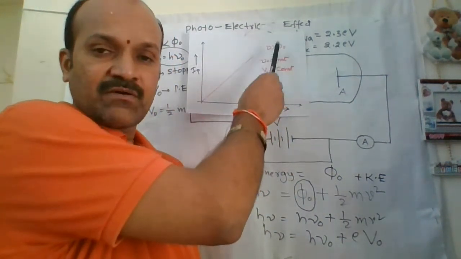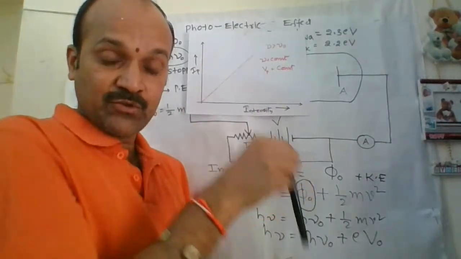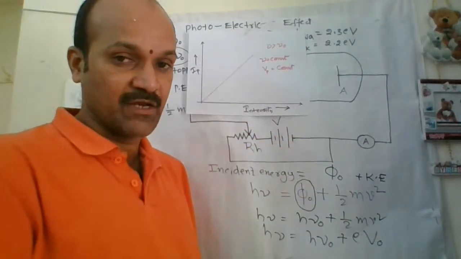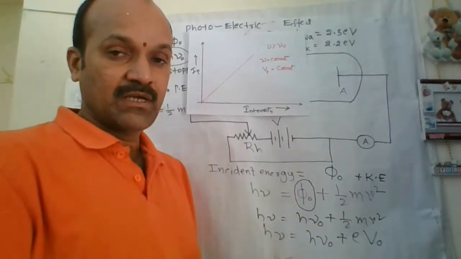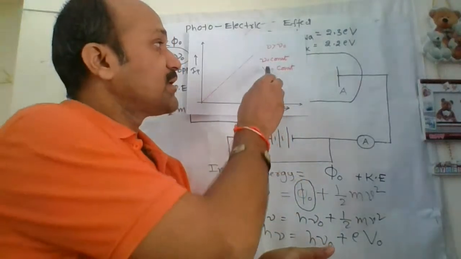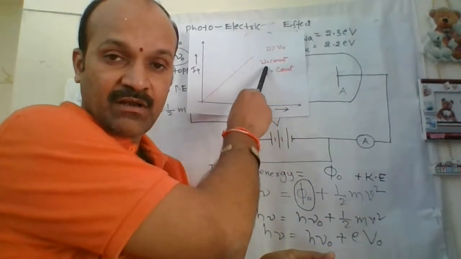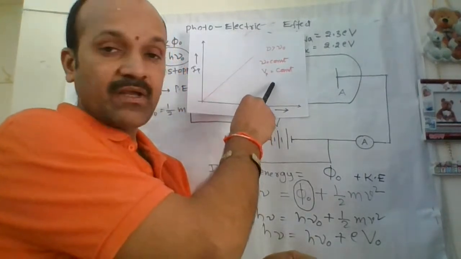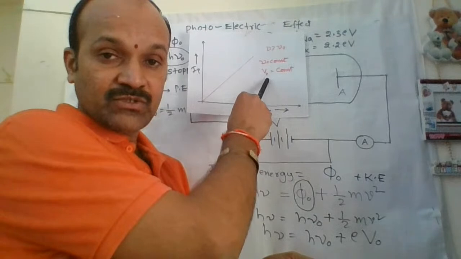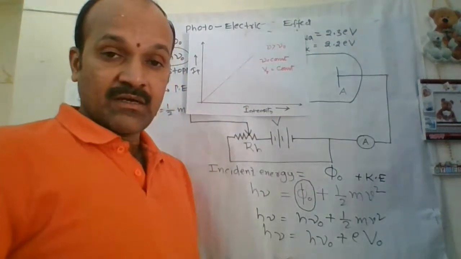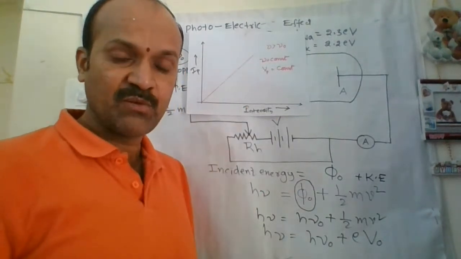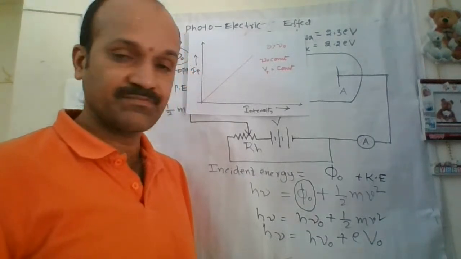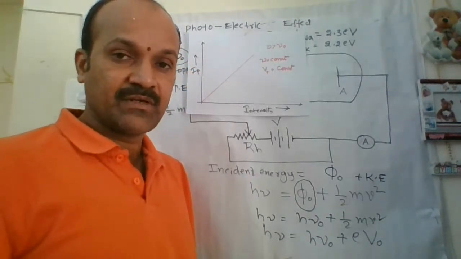The condition is that the incident radiation should be greater than the threshold frequency. Otherwise, electrons will not come out of the material. And we are keeping a single frequency value, nu is constant, and the potential value is constant.